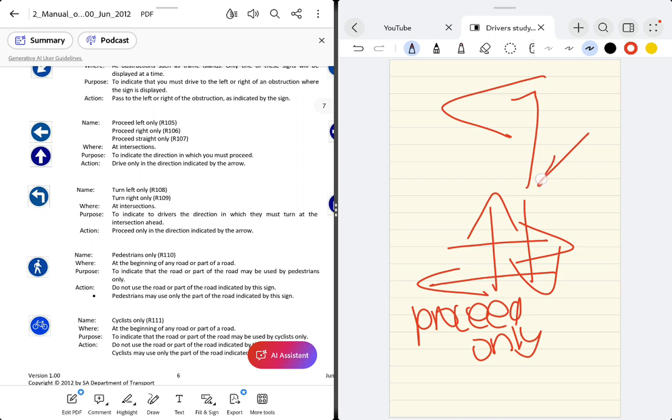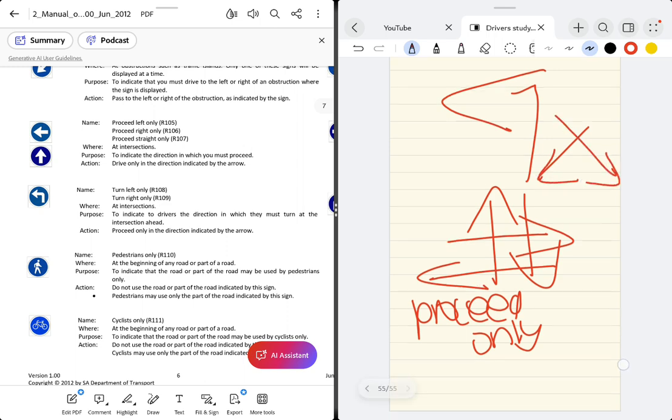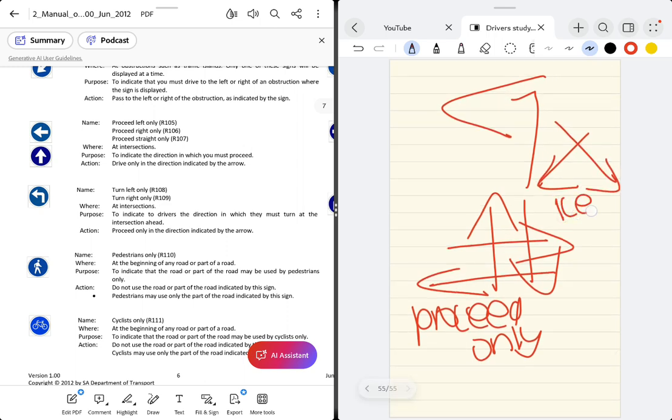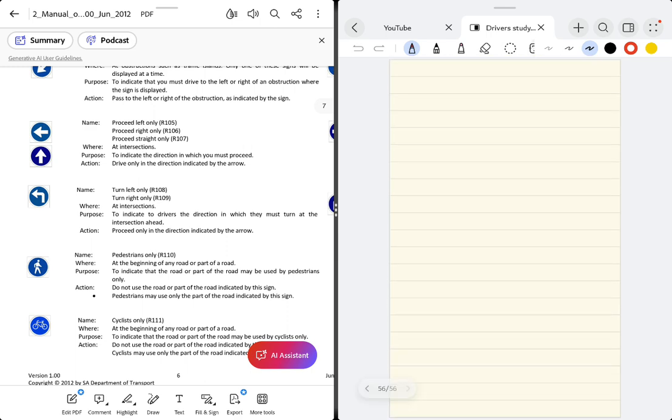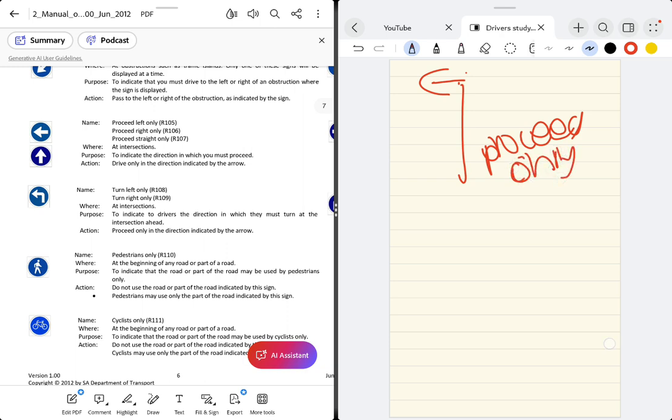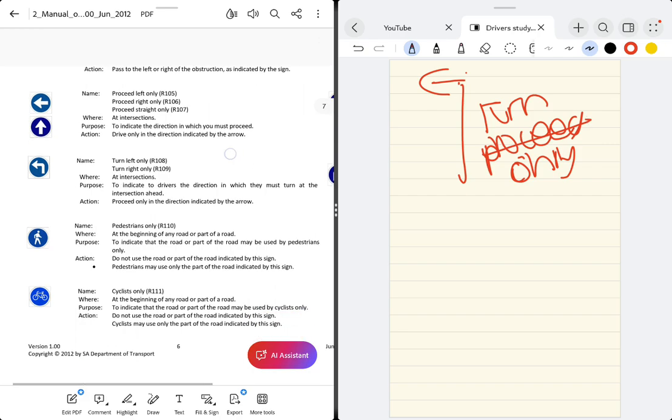And if it's in an angle like that, it means keep. And if it's something like this, remember, this is the proceed only one. So now it's gonna give you the instruction of turn only, or whatever only type of thing.